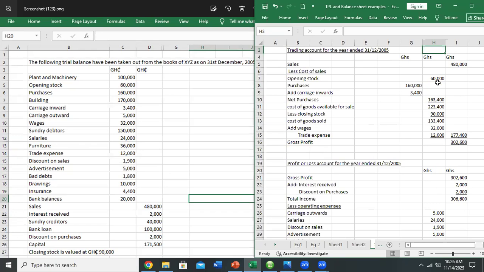Let me allow other professors to explain. So, Portia, why did we not bring the trade expense under the operating expense? Sir, because it's under the trading account, it is not part of the profit and loss.